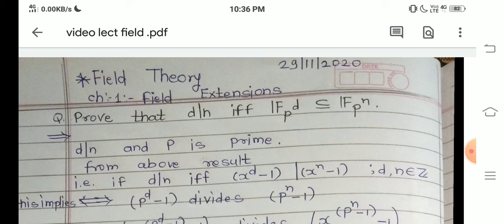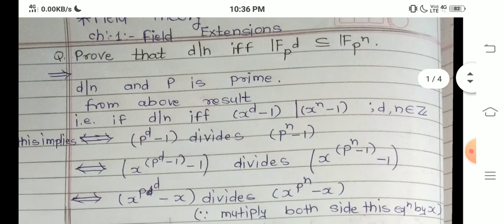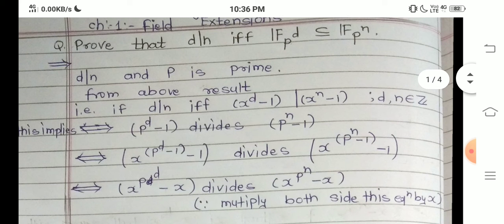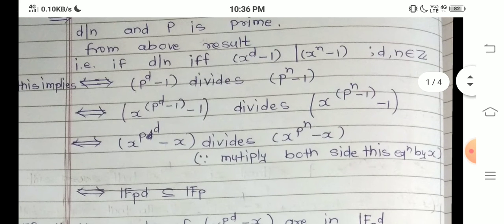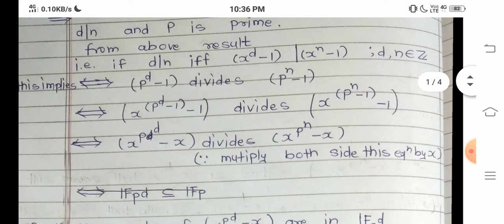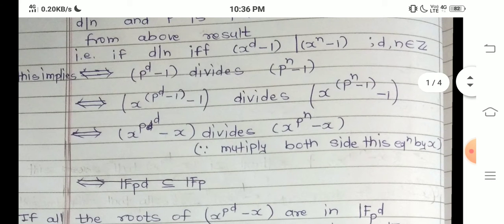We can check this is part of number theory, which is an if and only if statement. Multiplying both sides by x, we get x^(p^d) minus x divides x^(p^n) minus x. This implies that x^(p^d) minus x is a factor of x^(p^n) minus x.